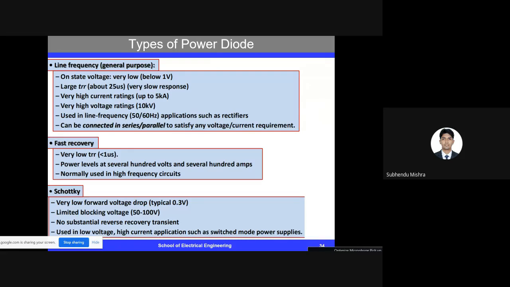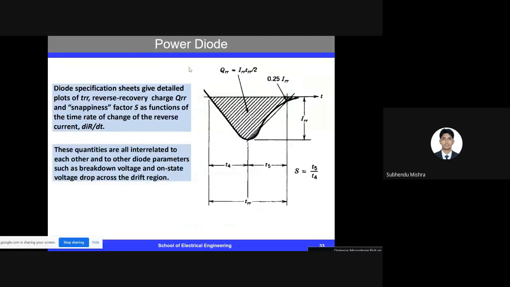But they also have a very large reverse recovery time, and the on state voltage is very low, below 1 volt. They can handle large blocking voltage, around 10 kilovolts, but have very slow frequency. Why is this important?